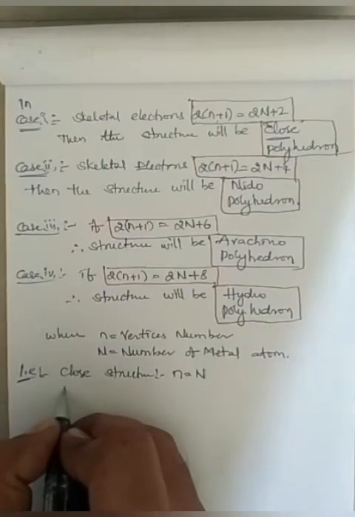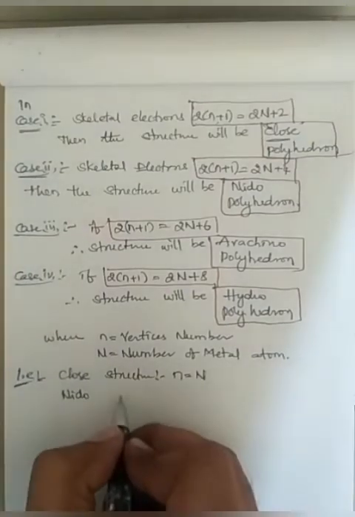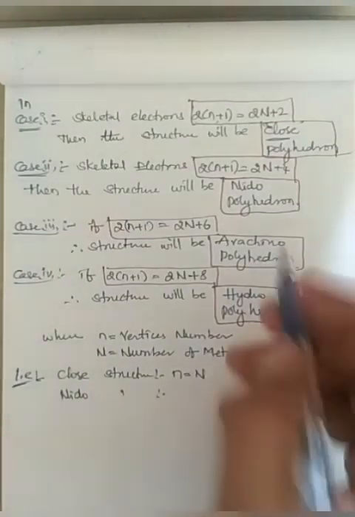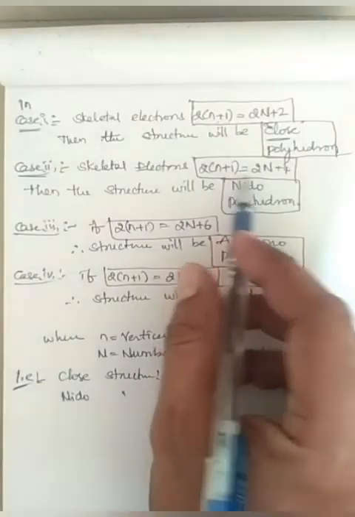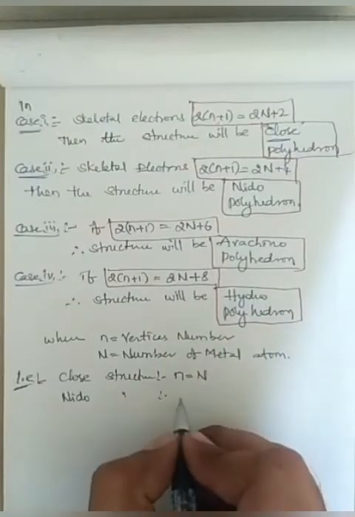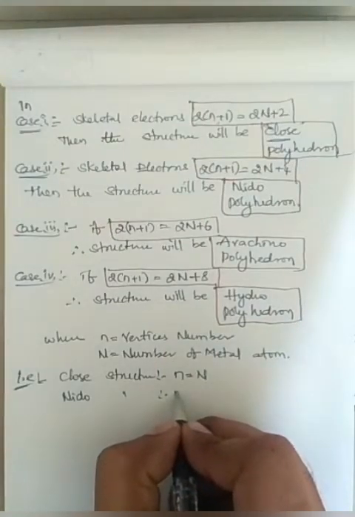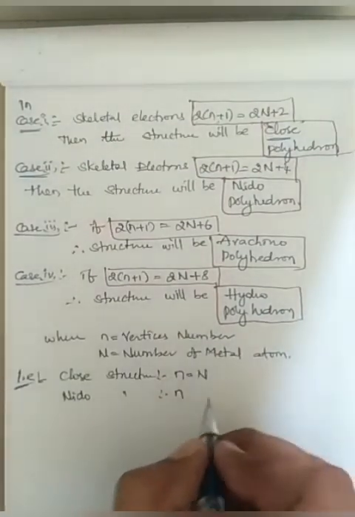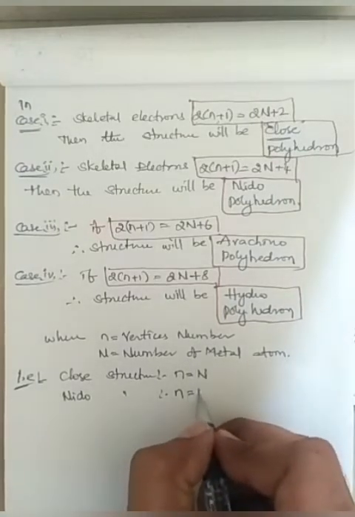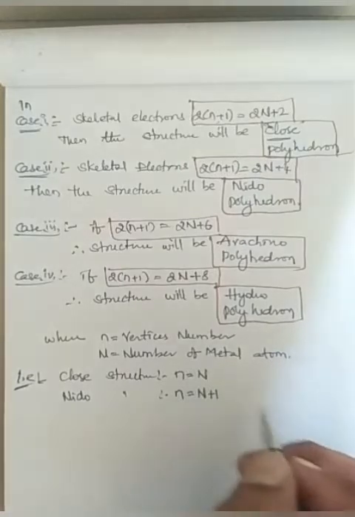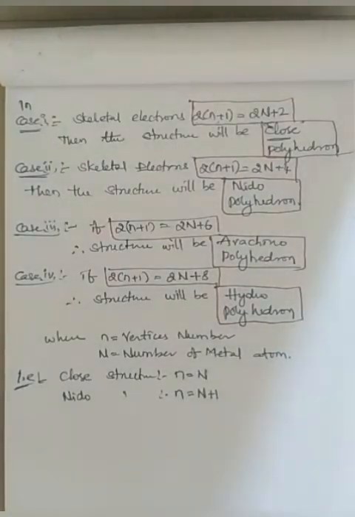whereas when it comes to a nido structure, when we elucidate the equation, it will be small n, the vertices number, equal to capital N plus 1, where the vertices will be equal to metal atoms plus 1.